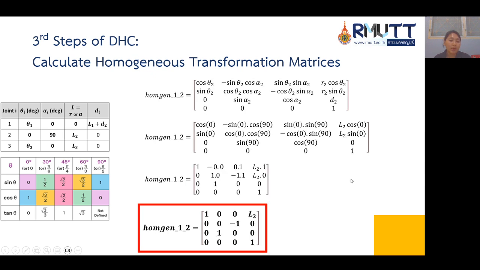And then repeat again for the homogeneous transformation matrix from frame 1 to 2. Just change the values using this table for joint 2. Theta 2 is changed to 0 because the value of theta is 0.